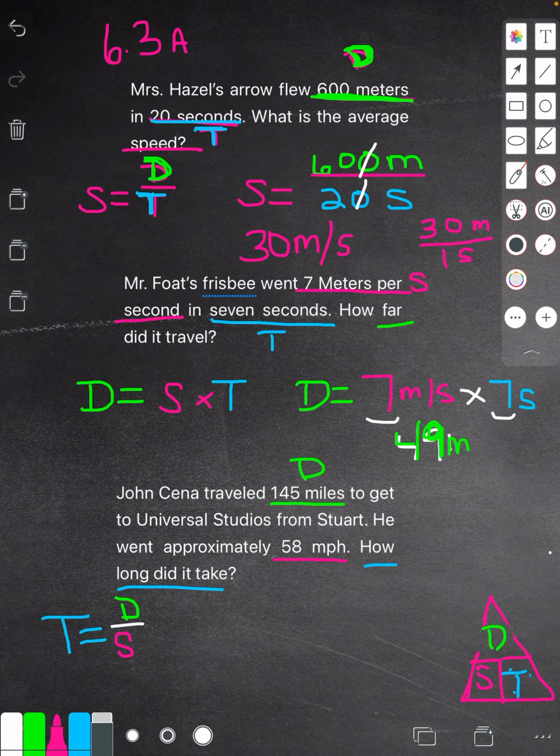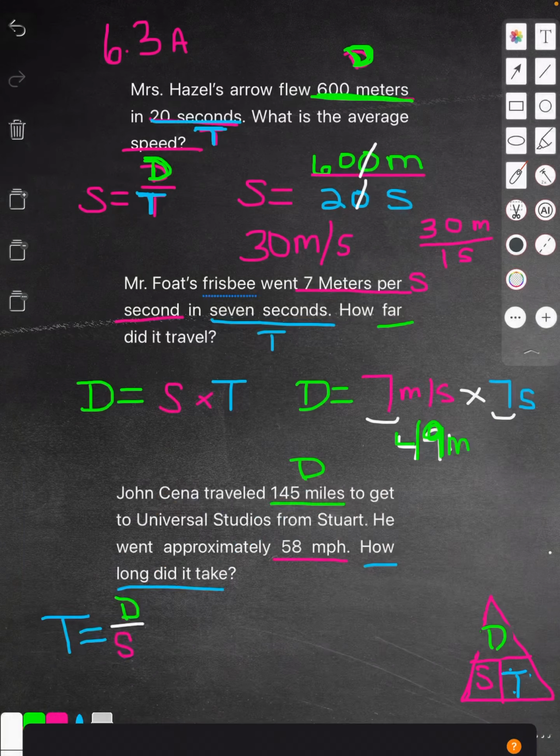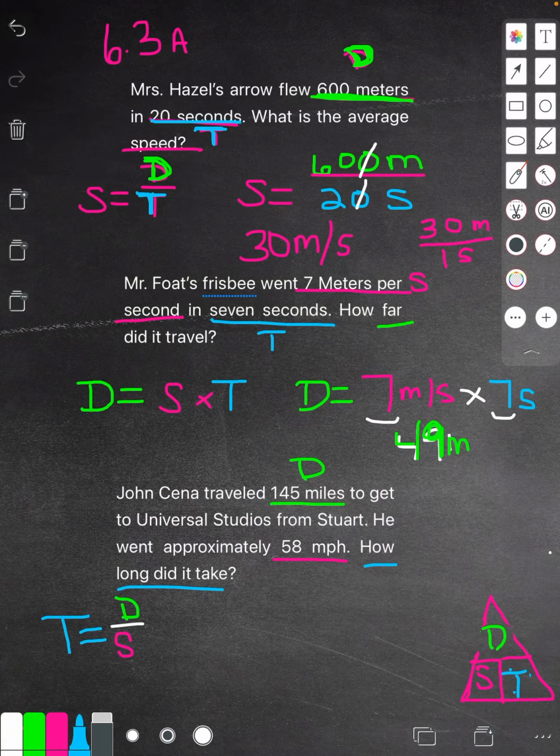So let me set up our problem just like we did over here on the left. I'm looking for time. My distance I can plug in, that's the green part of 145 miles. And it's supposed to be over speed. And our speed is in pink, 58 miles per hour.